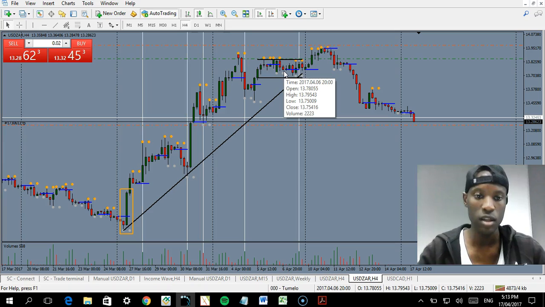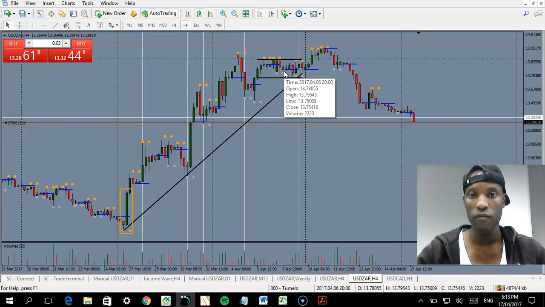So traders have seen the market move up for a significant period of time and are convinced that this is the point where they need to get in, and the market is going to continue to move up.